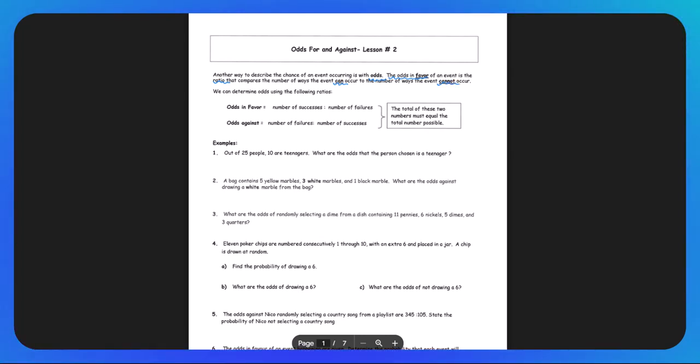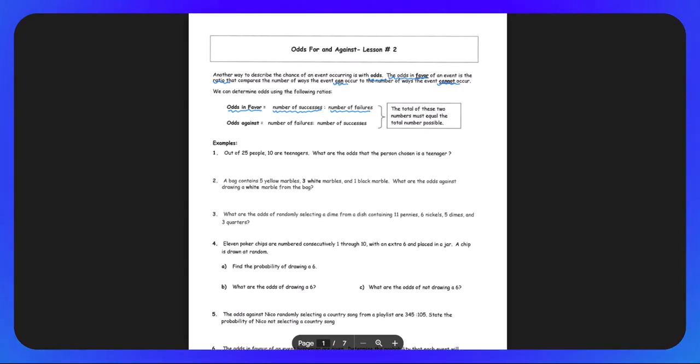And we determine odds using the following ratios. So first of all, odds in favor. The ratio is expressed as the successes of an event occurring, followed by the failures of an event occurring.